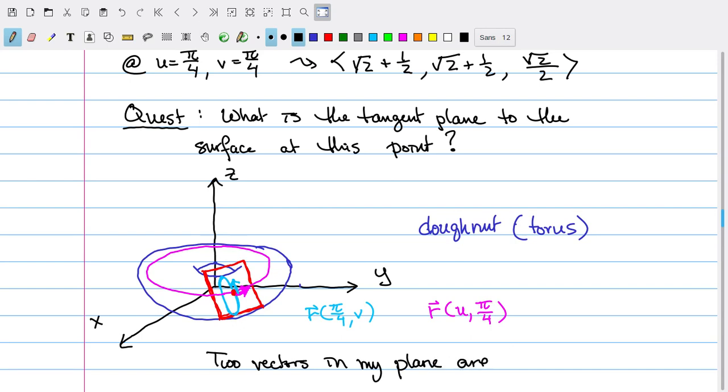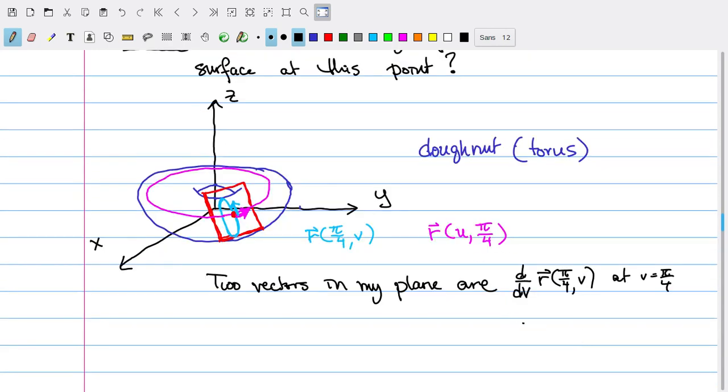are just taking the derivative of the light blue curve, so that's d/dv. It's a function of a single variable, so I can do regular derivatives, not partials, of r of pi over 4, v at v equals pi over 4. And I can also do d/du of r of u, pi over 4 at u equals pi over 4.